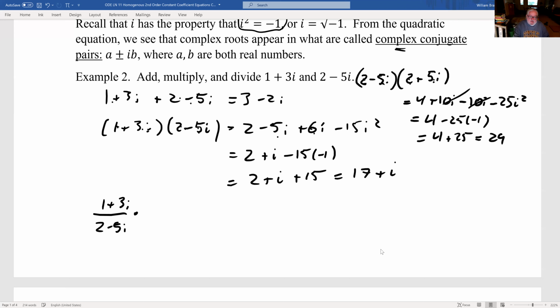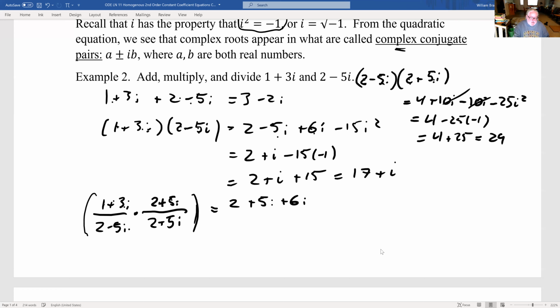So if we're coming back to this division now, and I multiply top and bottom by the conjugate of the bottom, what do I get? So 1 plus 3i times 2 plus 5i. 1 times 2 is 2. 1 times 5i is 5i. 3i times 2 is 6i. 3i times 5i is 15i squared.